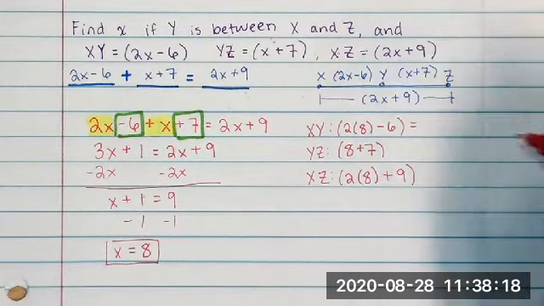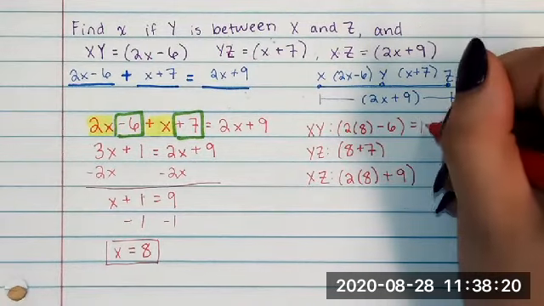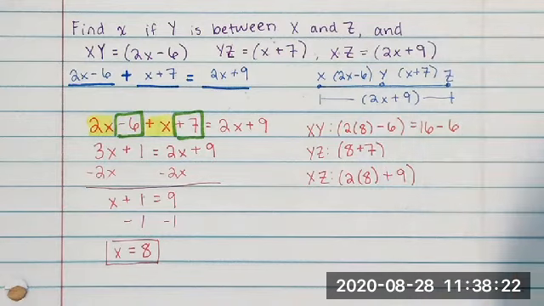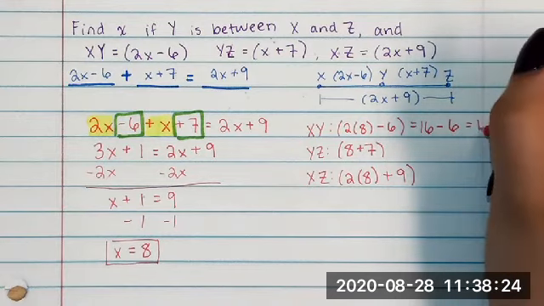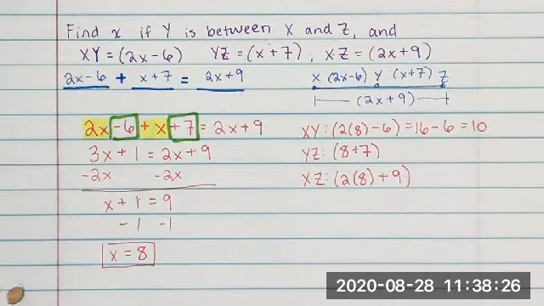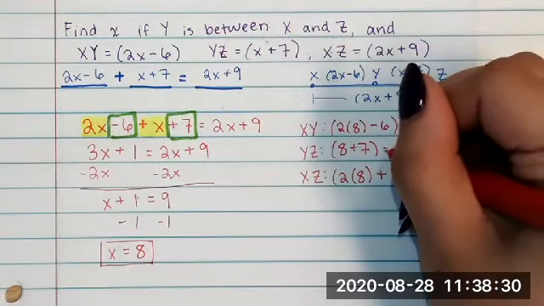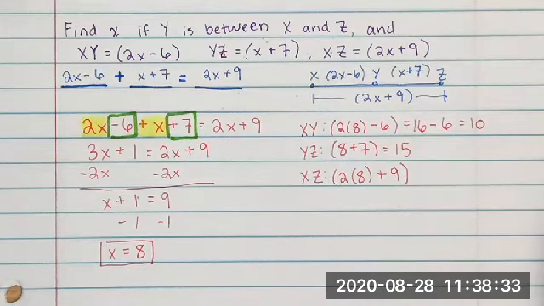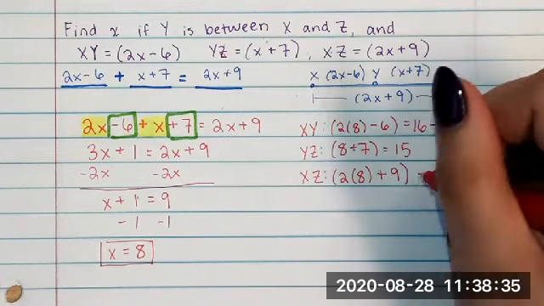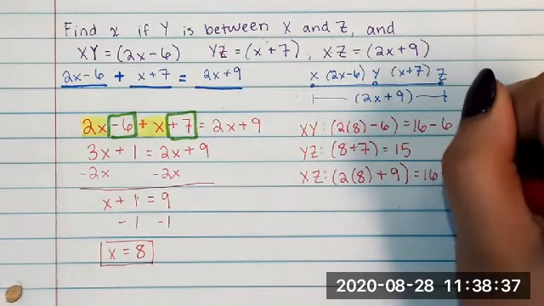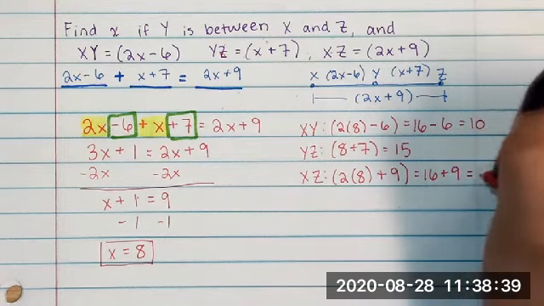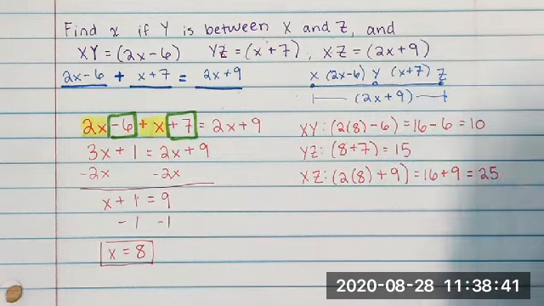So starting from the top, 2 times 8 is 16. And then we have minus 6 makes 10. YZ is 8 plus 7, which makes 15. And 2 times 8 is again 16 plus 9 makes 25.